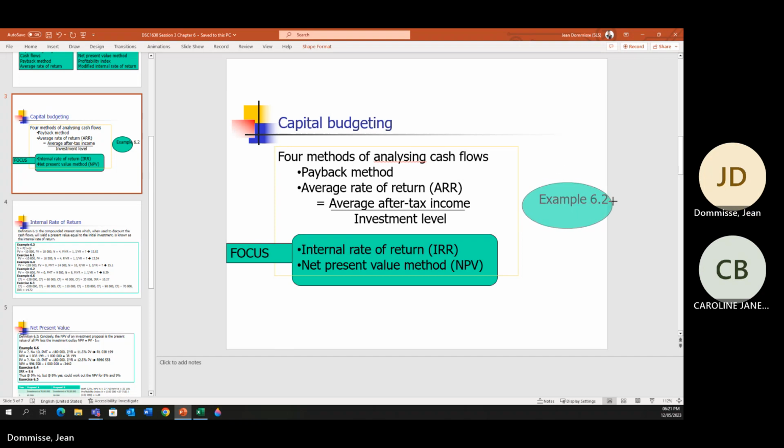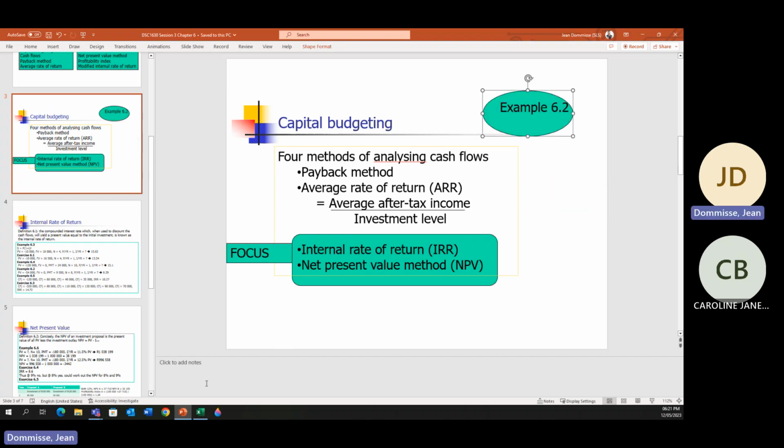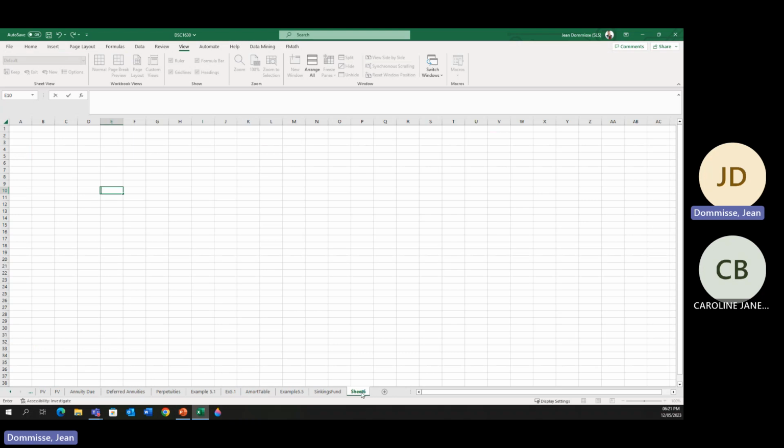Let's build it quickly for you in Excel. If we needed to work out the average rate of return, we had a table with proposal A and proposal B, both for 8 years.